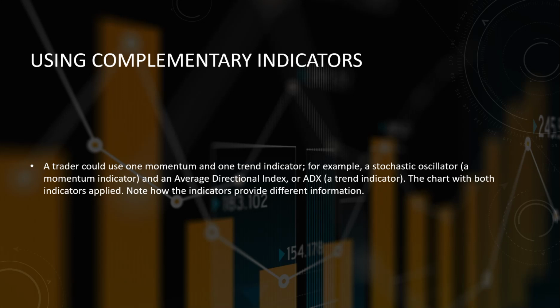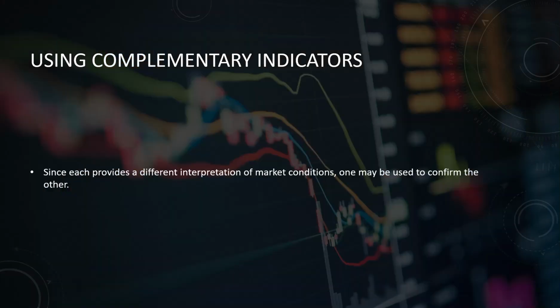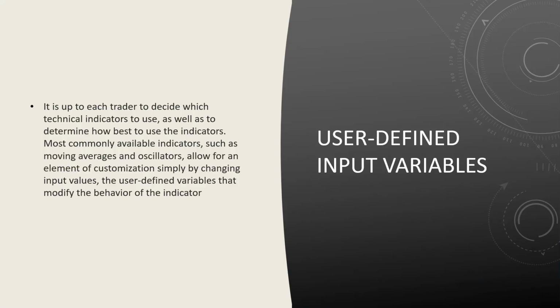A trader could use one momentum and one trend indicator, for example, a stochastics oscillator and an ADX indicator, a trend indicator, and a chart with both applied. Since each provides a different interpretation of market conditions, one may be used to confirm the other. It's up to each trader to decide which technical indicator to use, as well as determine how best to use the indicator.